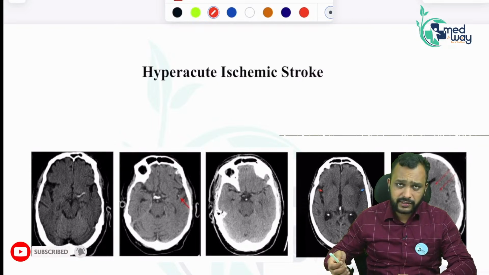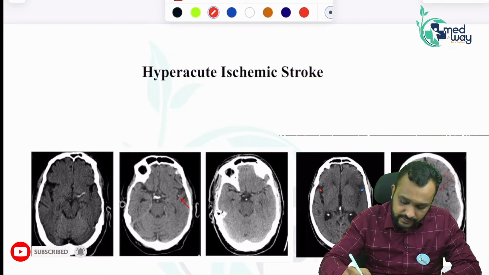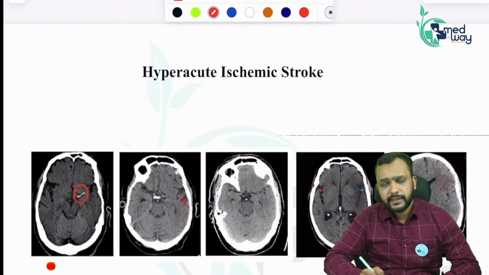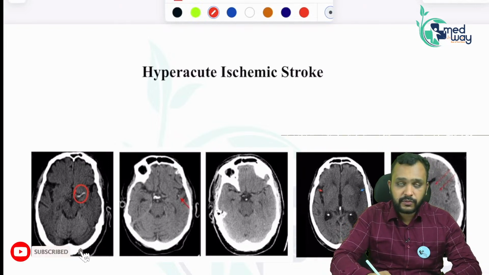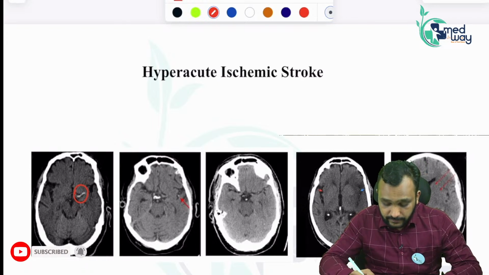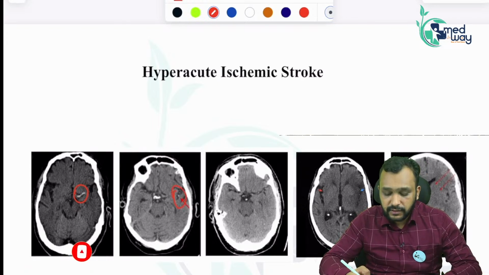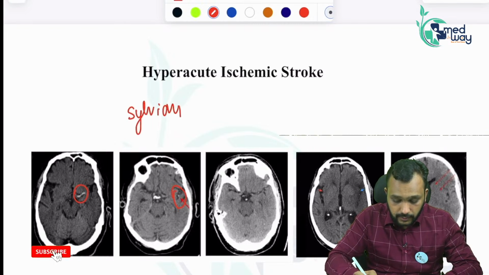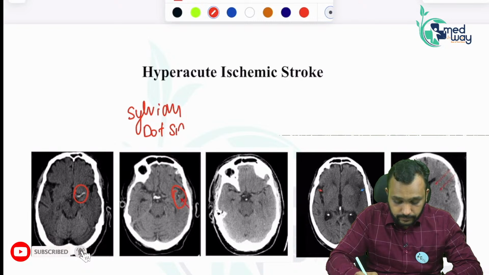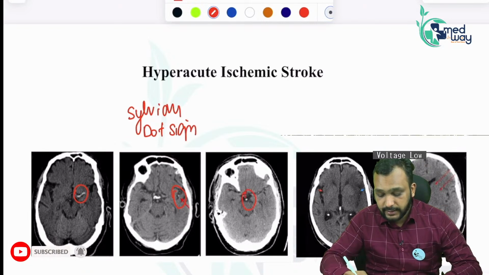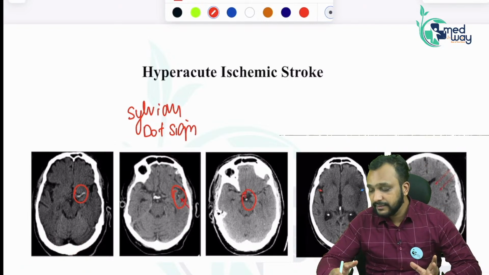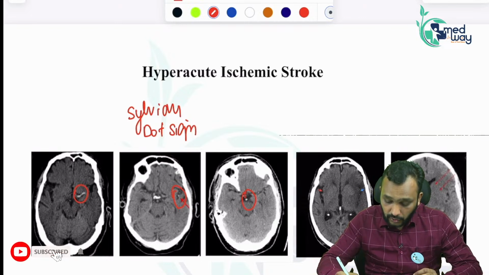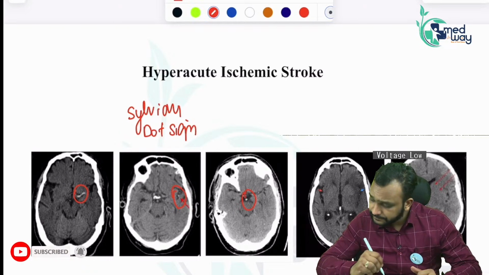So hyperacute ischemic stroke के कुछ important signs that you guys should know. So first one is the hyperdensity along MCA. This is known as dense MCA sign. Hyperdensity along the Sylvian fissure. This is known as Sylvian dot sign. Hyperdensity along the basilar artery, dense basilar artery sign, right? Then loss of insular ribbon sign.